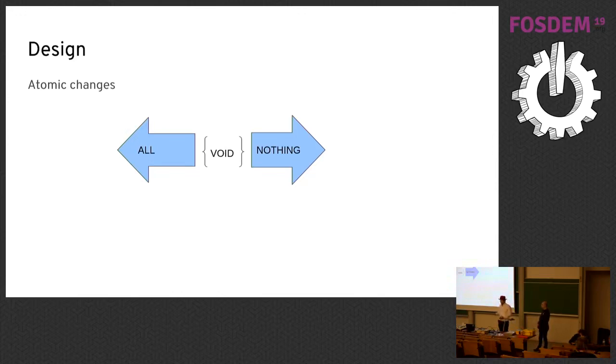With nmstate, because Network Manager provides this, we can create a checkpoint, do the configuration, and if it fails, it will just roll back to the previous configuration. You can be sure that either the initial configuration or the other configuration will be available.